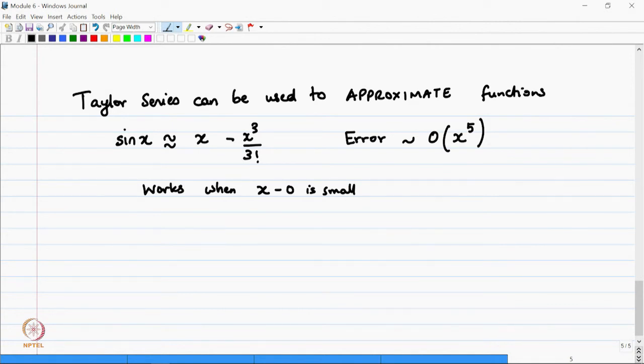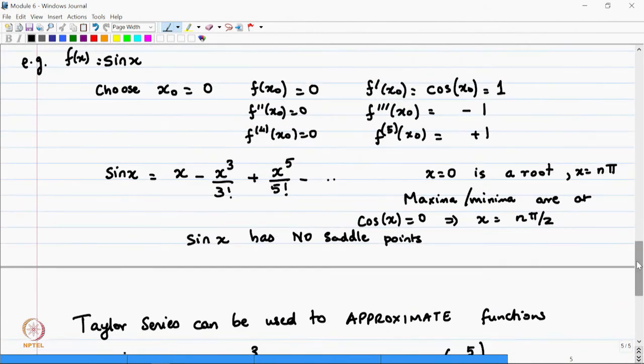This is one way to look at approximation of functions. It works when x minus x 0 is small, because then each of the successive terms has higher and higher powers of x, and they get smaller and smaller.